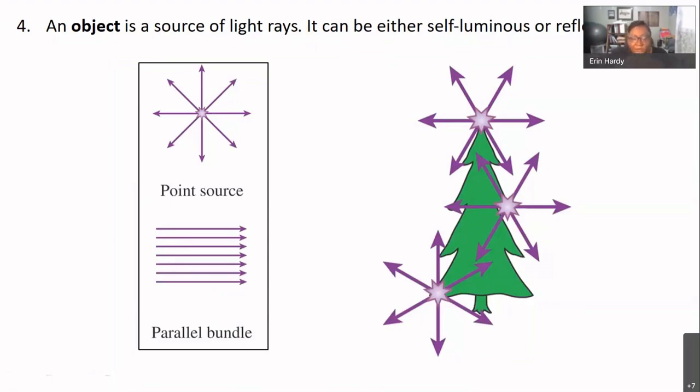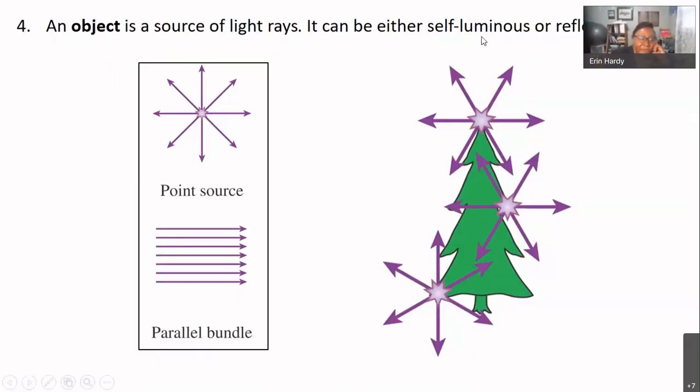Now, fourth, this is more of a function of how we're going to start problem solving and trying to understand how these light rays interact with the matter that each one of us can see in our rooms right now. So an object, or this term, is going to be the source of light rays, and there are a couple of different ways that you could think about this.